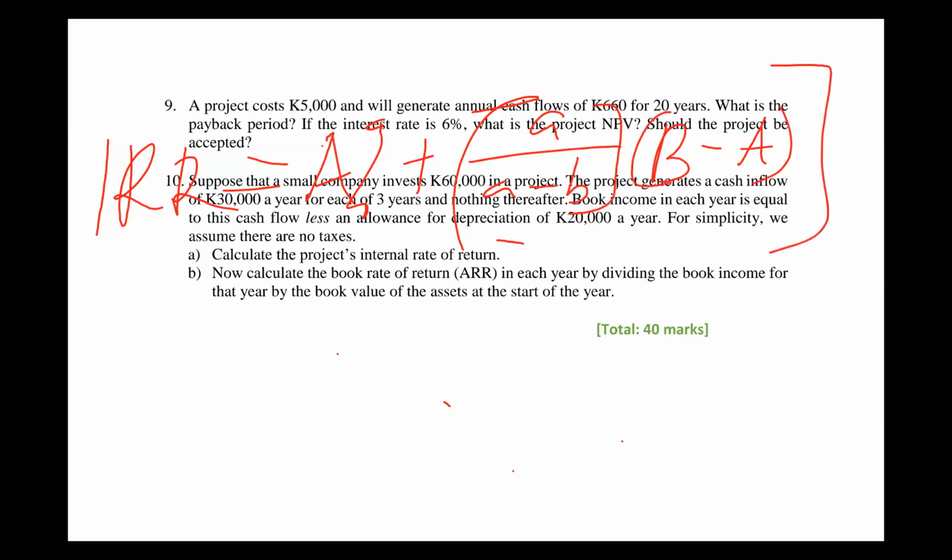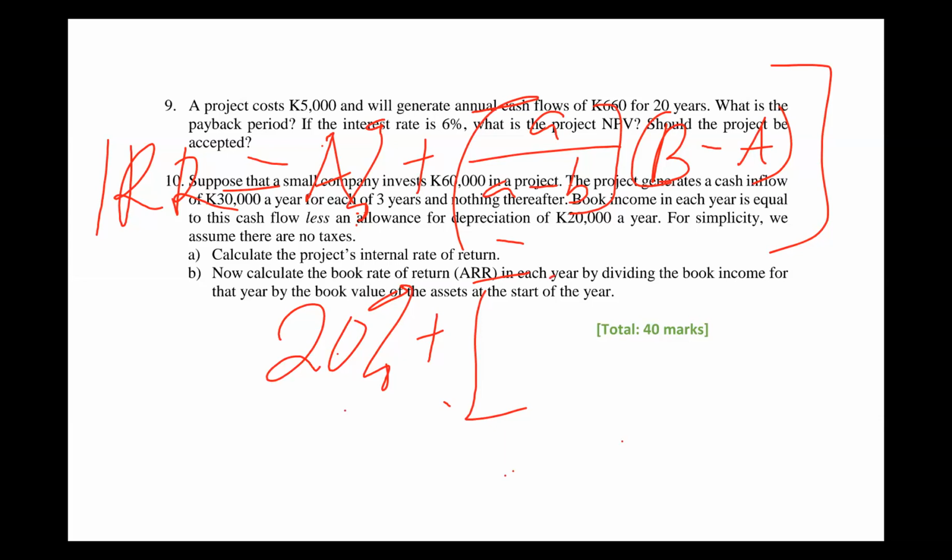So where A is the percentage that gives us the positive NPV, right? Was it 25% that gave us positive? It was 20%, isn't it? A is the smaller rate. Okay, sir. So it is 20%.